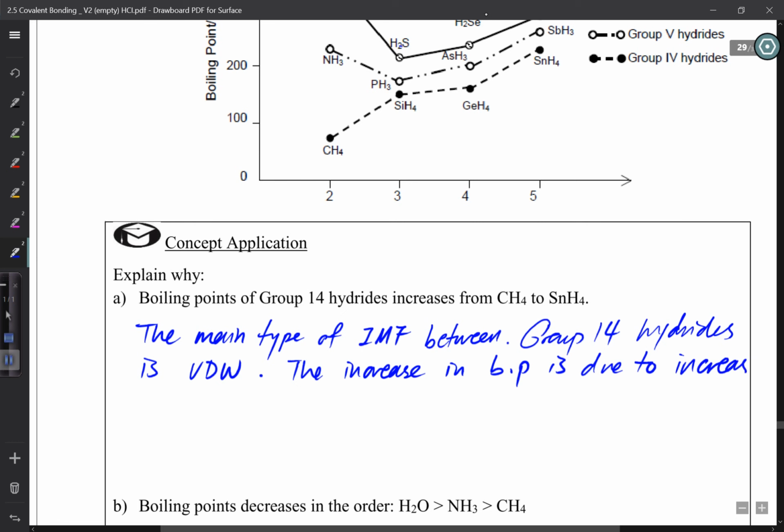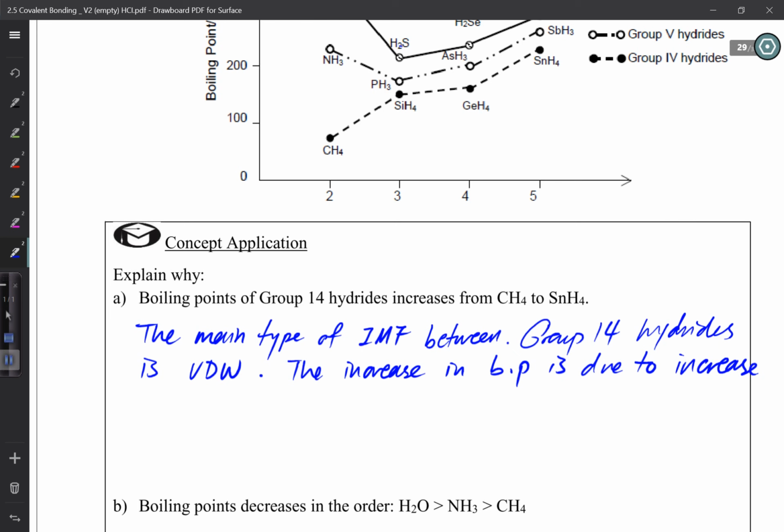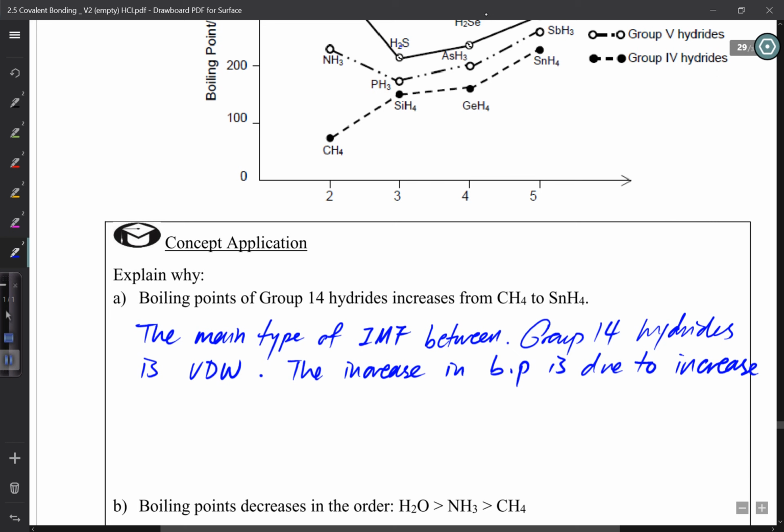Group 14. Take note, if you have learned the periodic table chapter, you should know that the periodic table can either be arranged in Roman numerals or these Arabic numerals. So group 14 is equivalent to group 4 in the Roman numerals. Some schools didn't cover that.